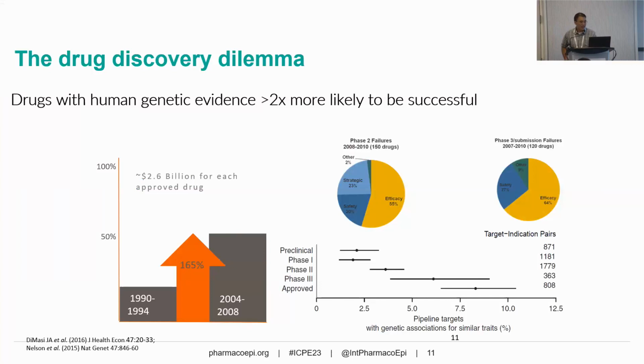So this is, again, just one cartoon to show you the difficulty of drug development. As you know, the success rate from discovery, preclinical to phase 1, phase 2, phase 3 is relatively low.